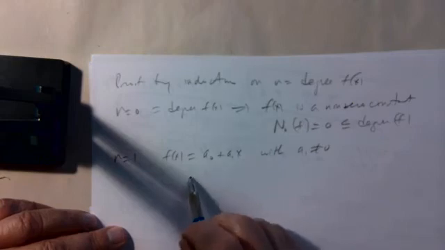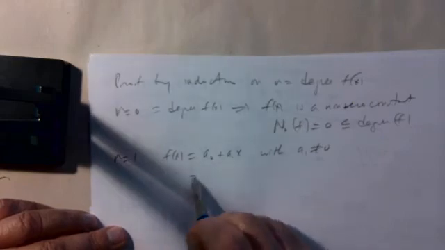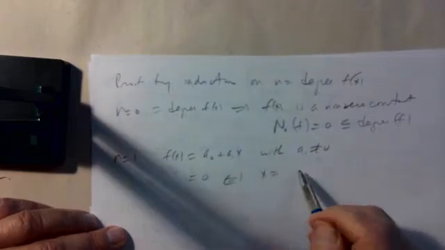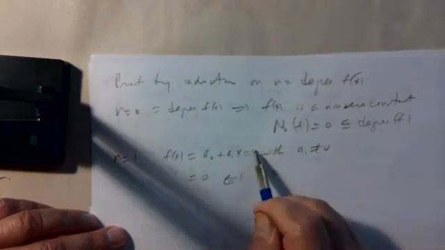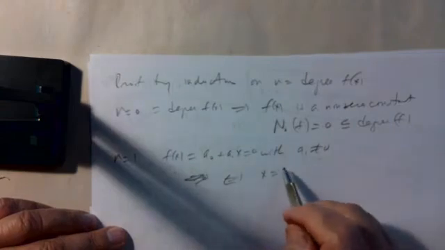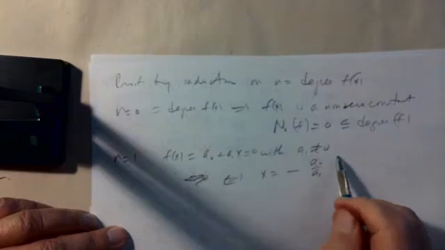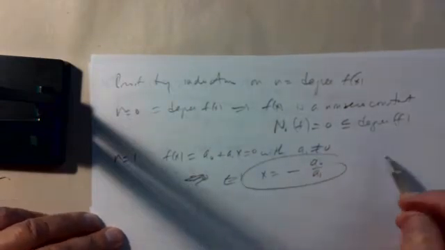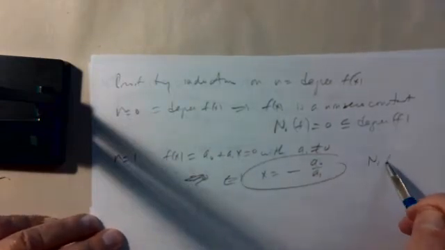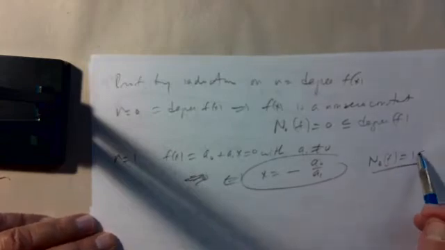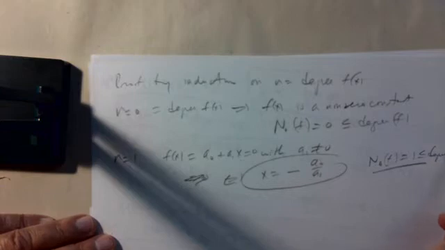And this is equal to 0 if and only if x is, well, just solving the equation a0 plus a1x equals 0, x is equal to minus a0 over a1. There's exactly 1 zero. So n0 of f is equal to 1, which is less than the degree of f.